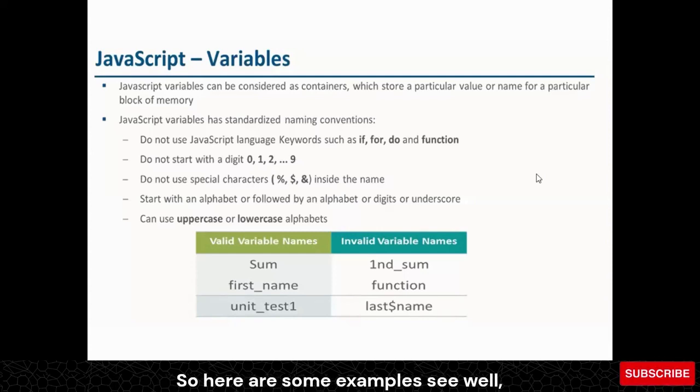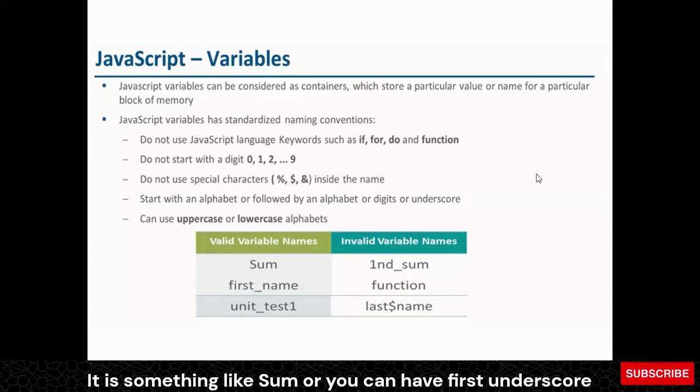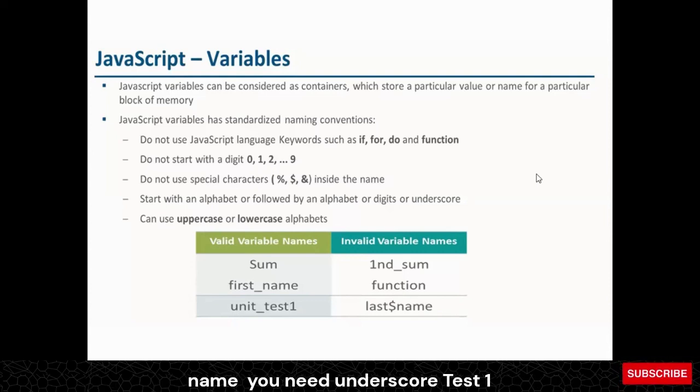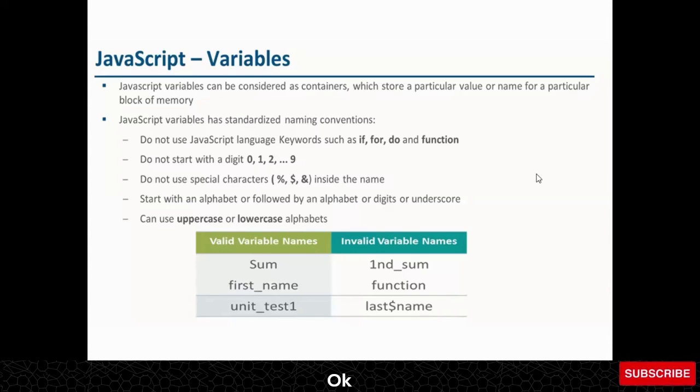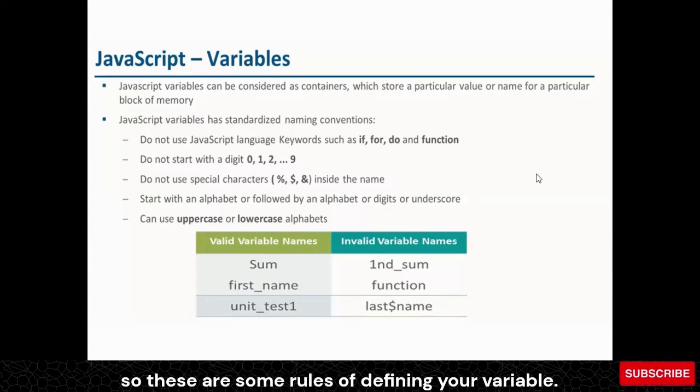So here are some examples: some, or first underscore name, or underscore test1. Invalid ones are those starting with a digit, using a keyword like function, or using a special character like dollar. Okay, so these are some of the rules of defining your variable.